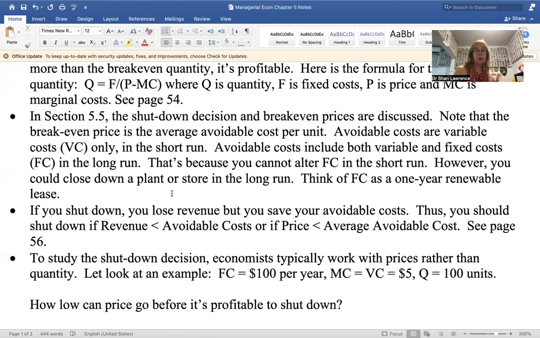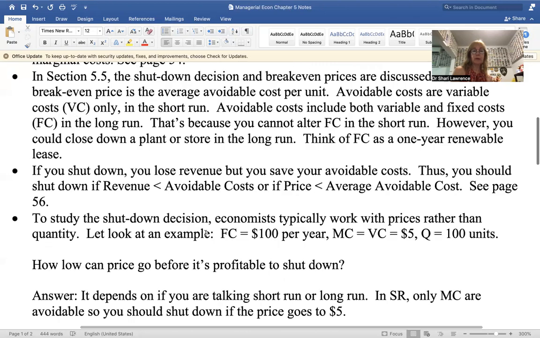If you shut down, you're going to lose revenue, but you're going to save these avoidable costs. So you should shut down if revenue is less than your avoidable costs, or if the price is less than the average avoidable cost. Make sure you look at page 56 for a more detailed explanation, but this is the main point.